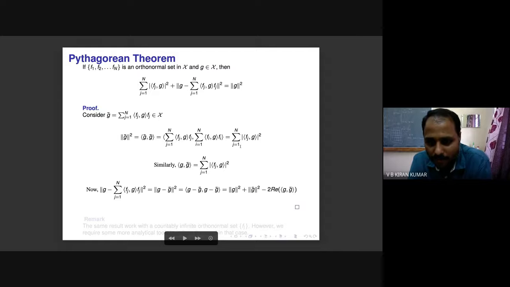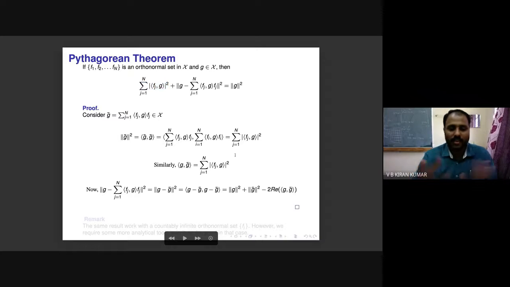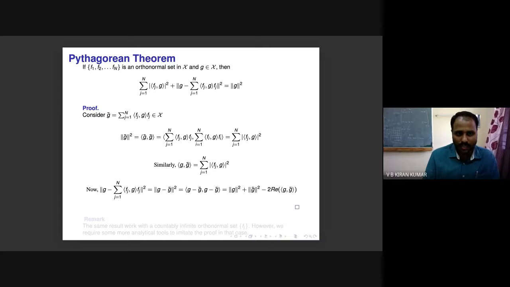Both of them are the same. We have just proved it. So this is norm g tilde square minus 2 into norm g tilde square, which is minus norm g tilde square, which is this. So this is norm g square minus this quantity. That means this quantity. So we obtained whatever was required. This is a very interesting identity, which we will use later.